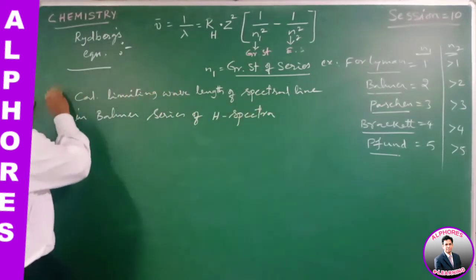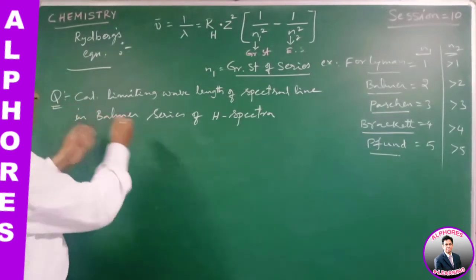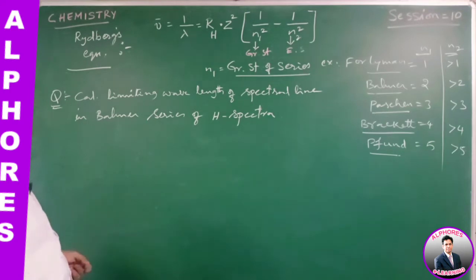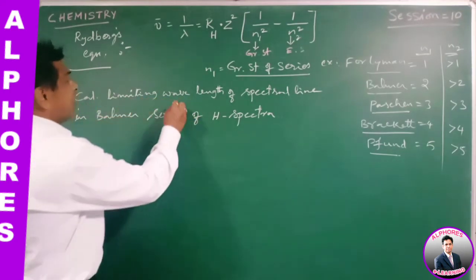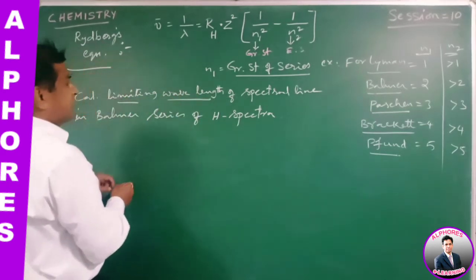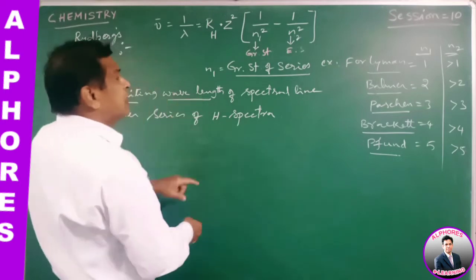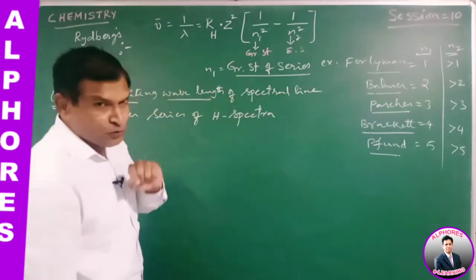Okay, this is the question. So to explain the concept, I made it into a question, then we can explain that concept here. Okay, calculate limiting wavelength. It is limiting, the word we should understand. Limiting, that is the wavelength we have to calculate of the spectral line in Balmer series of hydrogen spectra.